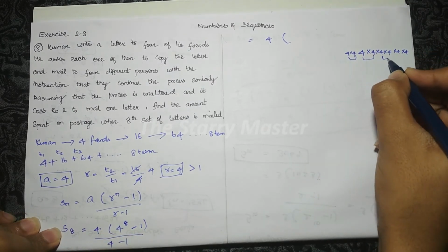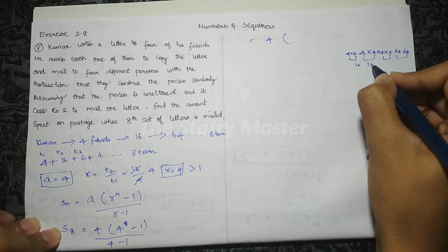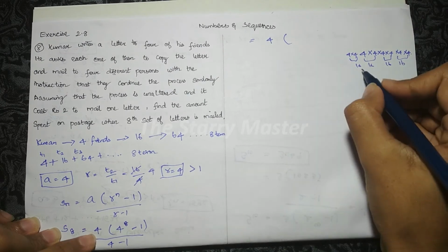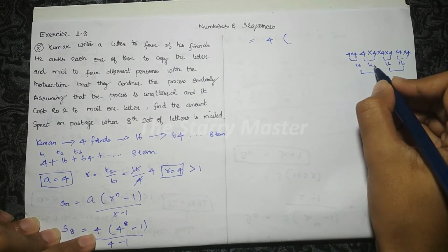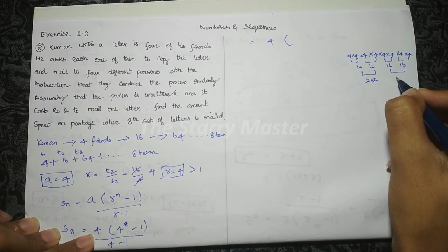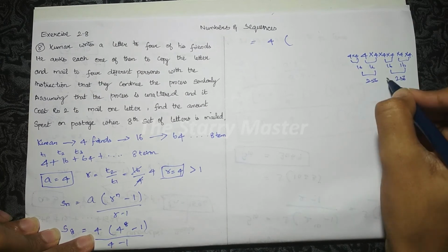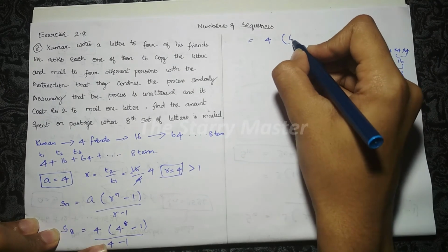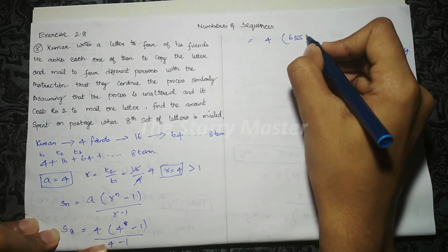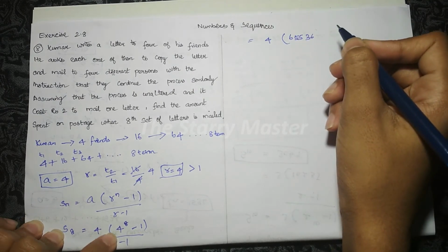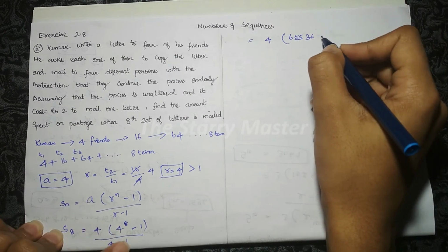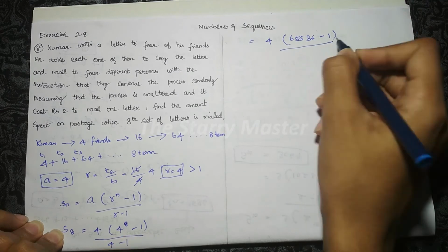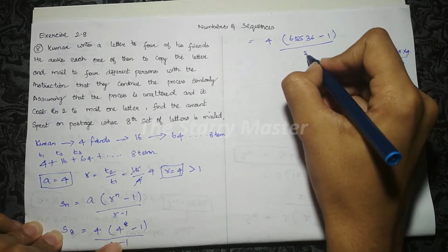Let's group this: 4 into 4 is 16, 16 into 16 is 256, and 256 into 256 we will get 65536. So 4 power 8 is 65536, minus 1, divided by 4 minus 1, which is 3.